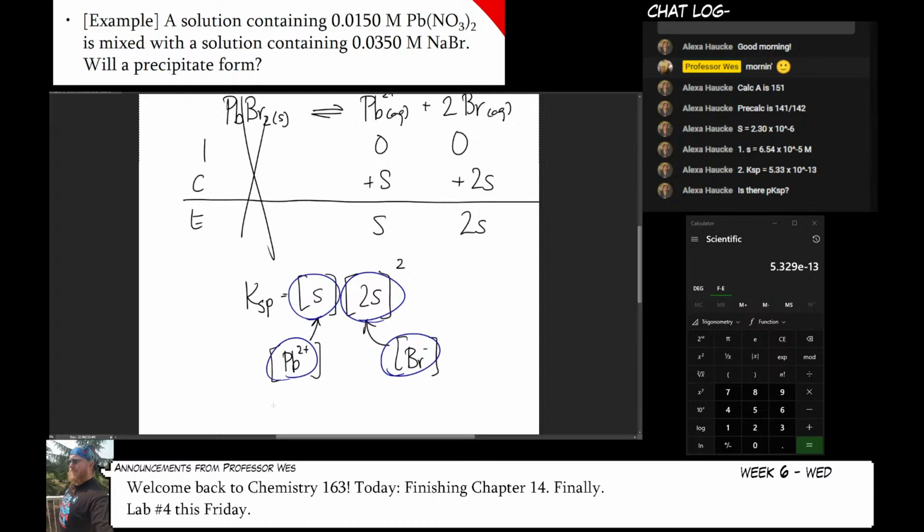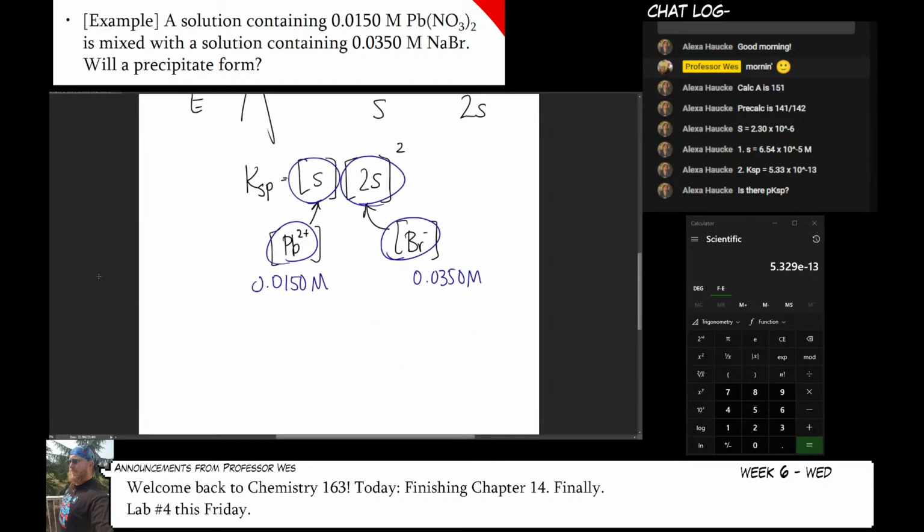So what's our concentration of lead? So that would be 0.0150 moles per liter. And then bromide would be 0.0350 moles per liter. So that's going to equal this.